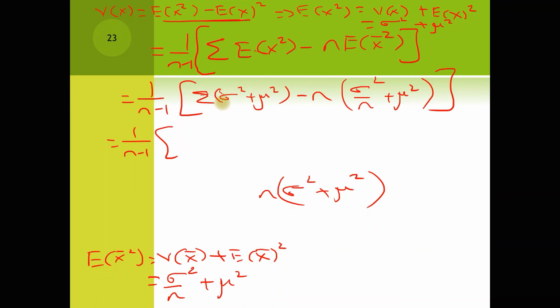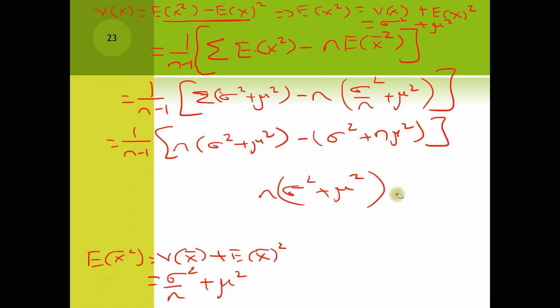So if you are summing a constant n times, it becomes n times the constant. So you have n sigma squared plus mu squared minus, I can just bring this and cancel the n here, so you have sigma squared plus n mu squared here.